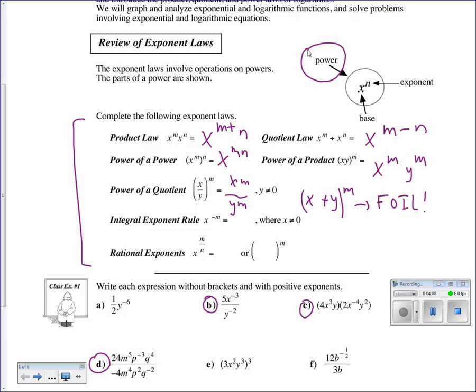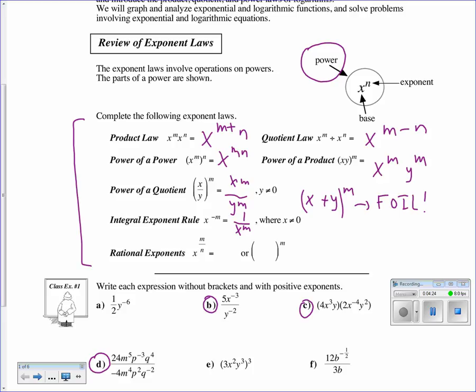The x to the minus m will become positive by going 1 over x to the m. It moves down into the denominator position. So it's not quite reciprocal, but it is moving into the denominator.